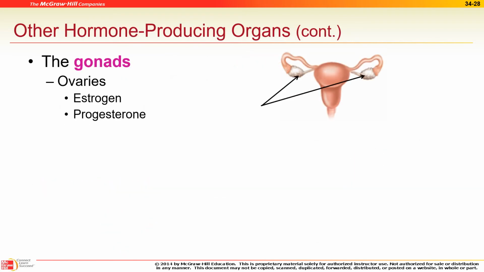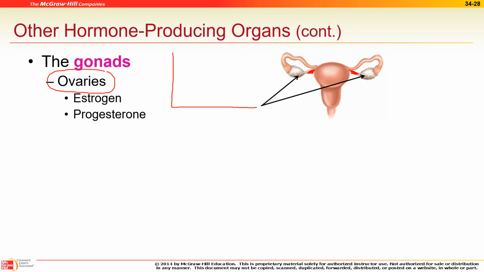The gonads. For the ovaries, they're actually suspended by a ligament right off the outside of the uterus, producing estrogen and progesterone during the cycle.